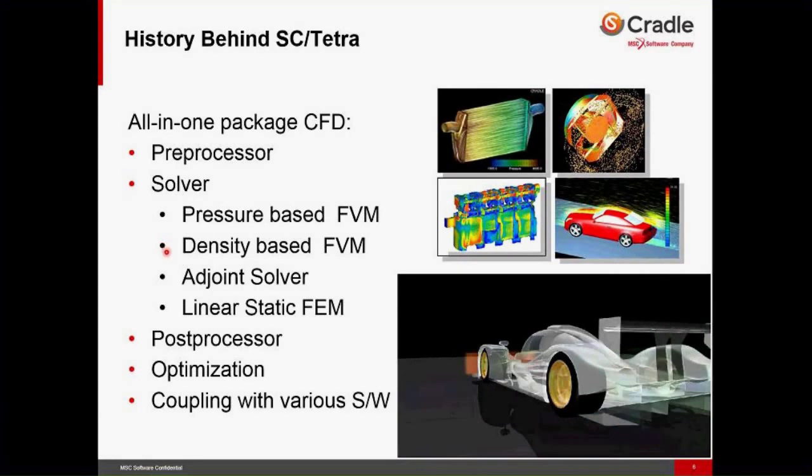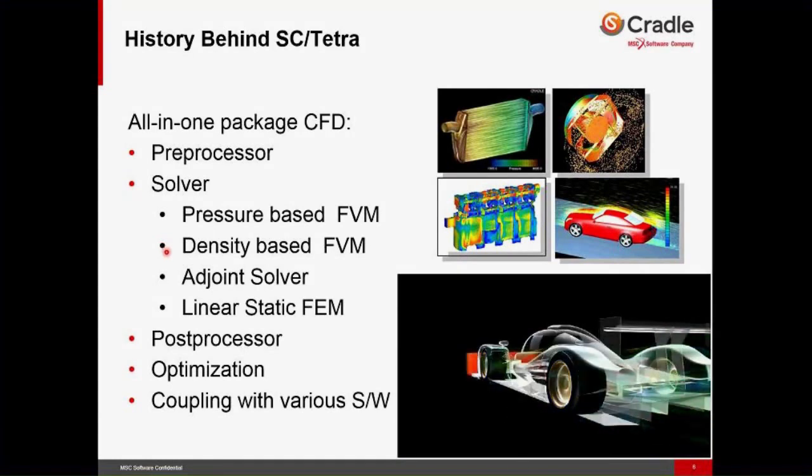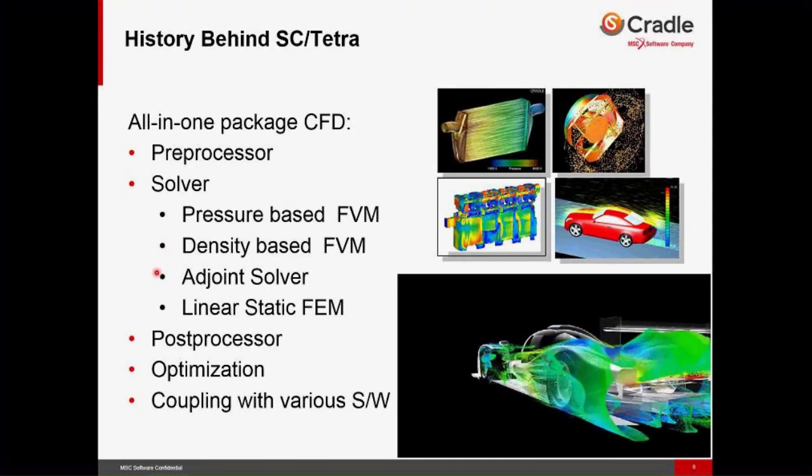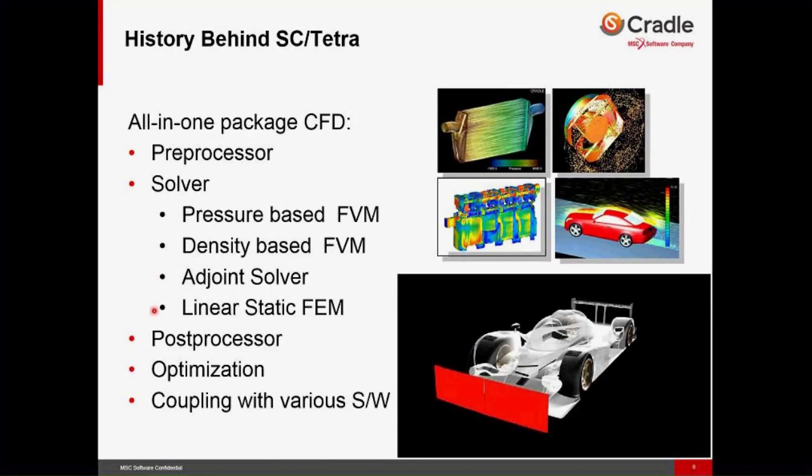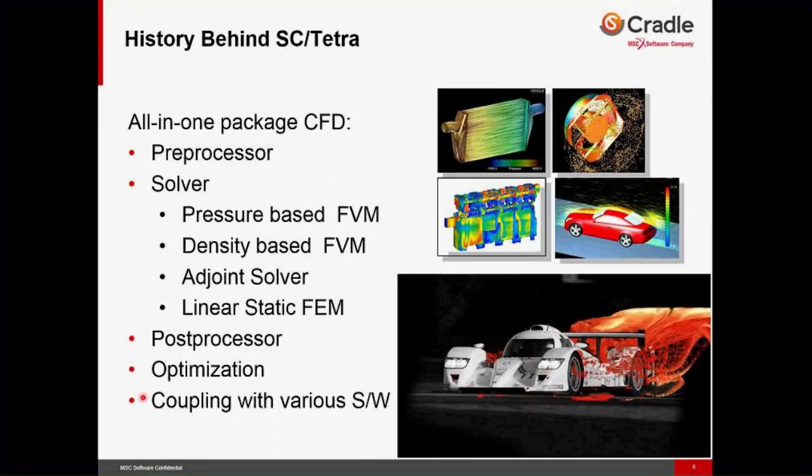A density-based finite volume method solver, which is usually for high-speed, especially high Mach number applications. A joint solver for shape optimization. A linear static structural finite element method solver. And then we have the post-processor and optimization tool. And we have many capabilities to couple with various software.